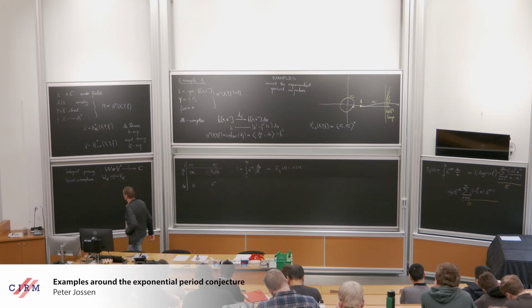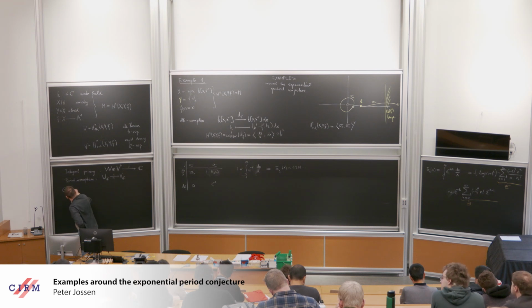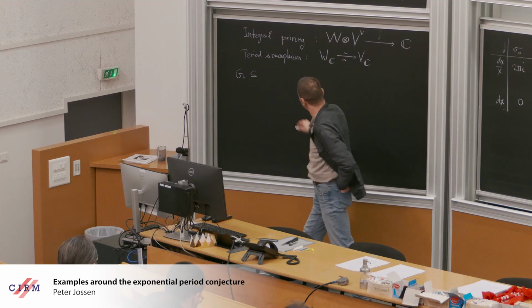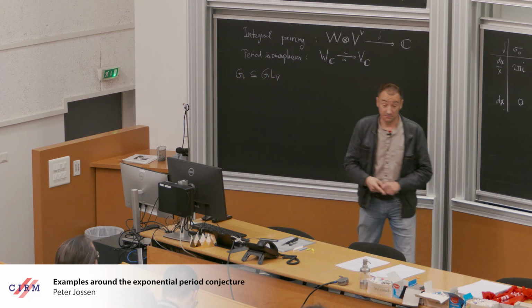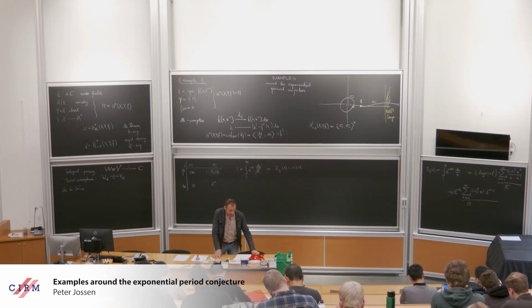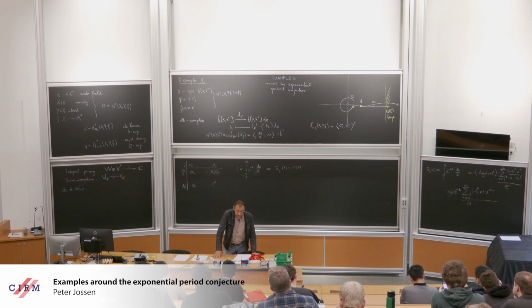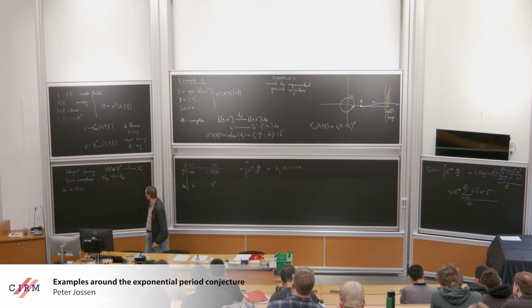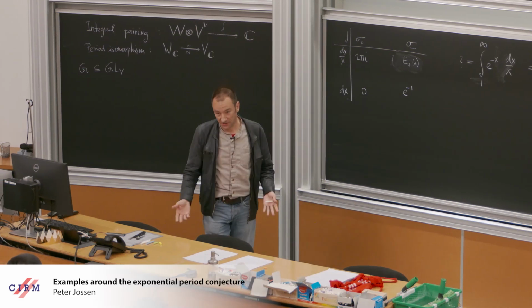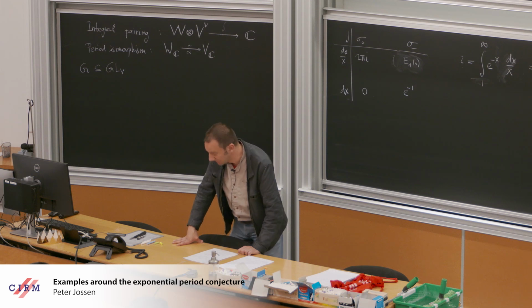So in general, there is an algebraic subgroup inside the GL of V, which is, in a sense, the largest algebraic subgroup that commutes with all the symmetries of the motive. For those who know, it's a Tannakian fundamental group. It's the Tannakian group of M in the Tannakian category of exponential motives.